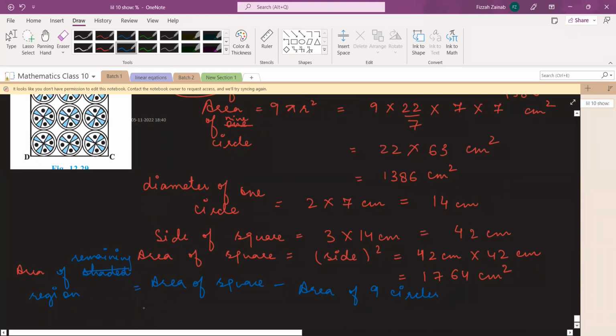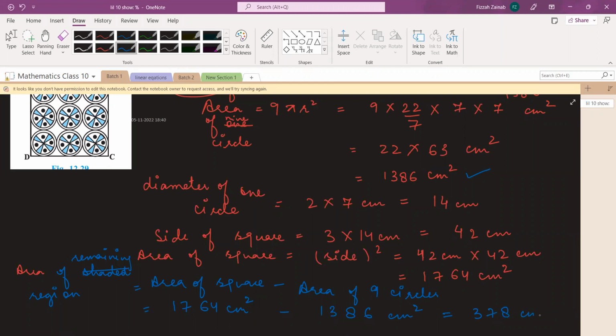Okay, so area of square we have found out, 1764 centimeter square, minus area of 9 circles. So directly we have found 1386 centimeter square. Okay, Mana, what will you get now? Just subtract. Oh, ma'am, it's 378. 378. This was easy, right? Yeah.